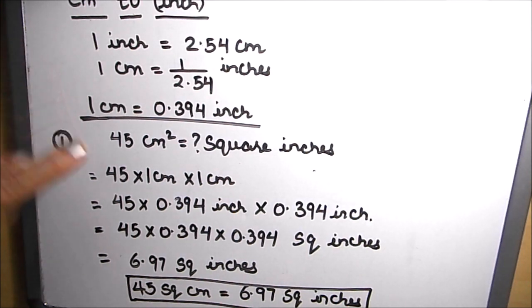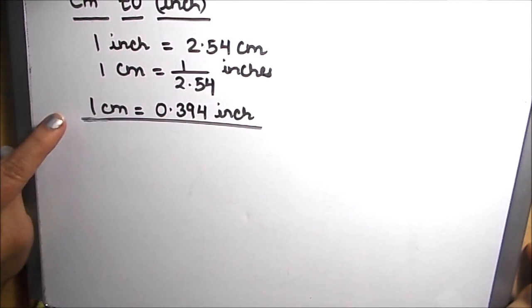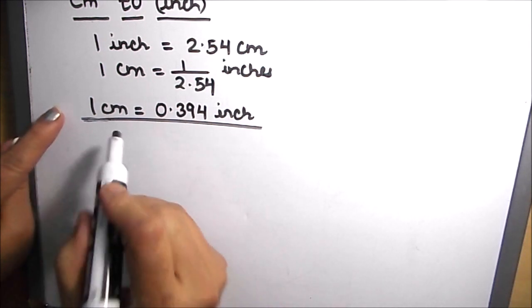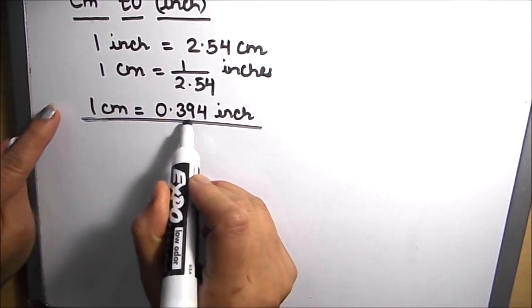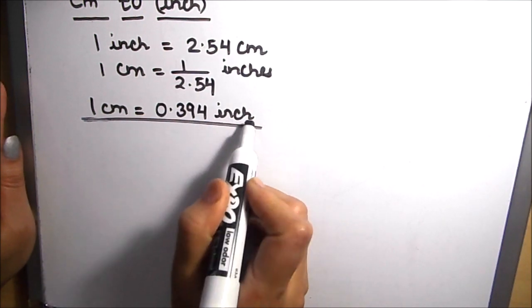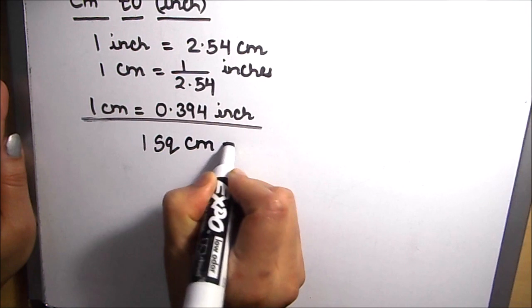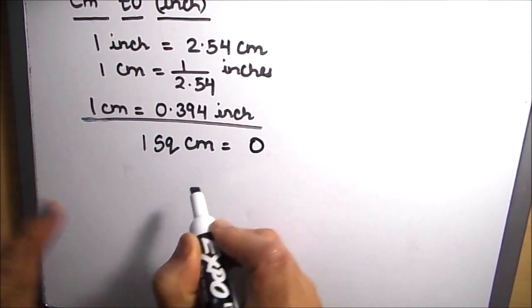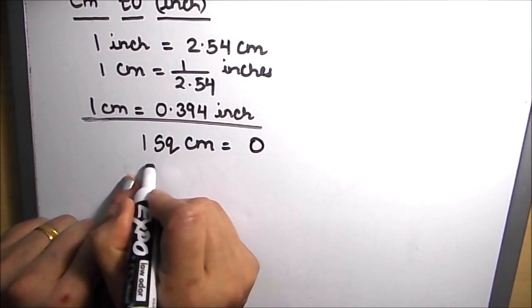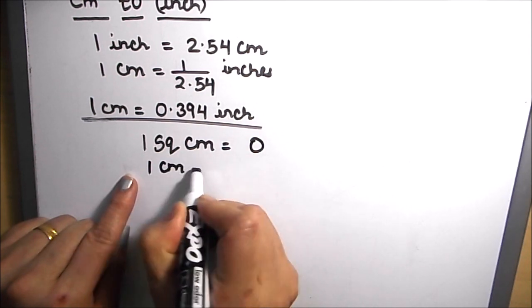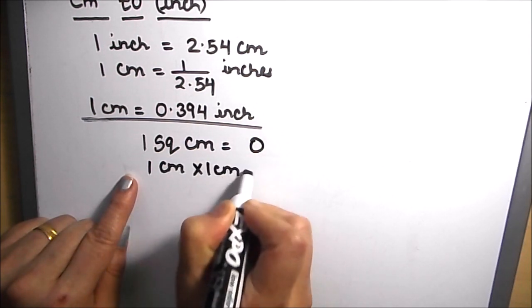Now let's try one more example, and this time we are going to use a conversion factor to convert directly from square centimeters to square inches. First we'll find the conversion factor. So 1 centimeter we got as 0.394 inches. 1 square centimeter will become, square centimeter means we are going to multiply 1 centimeter times 1 centimeter.